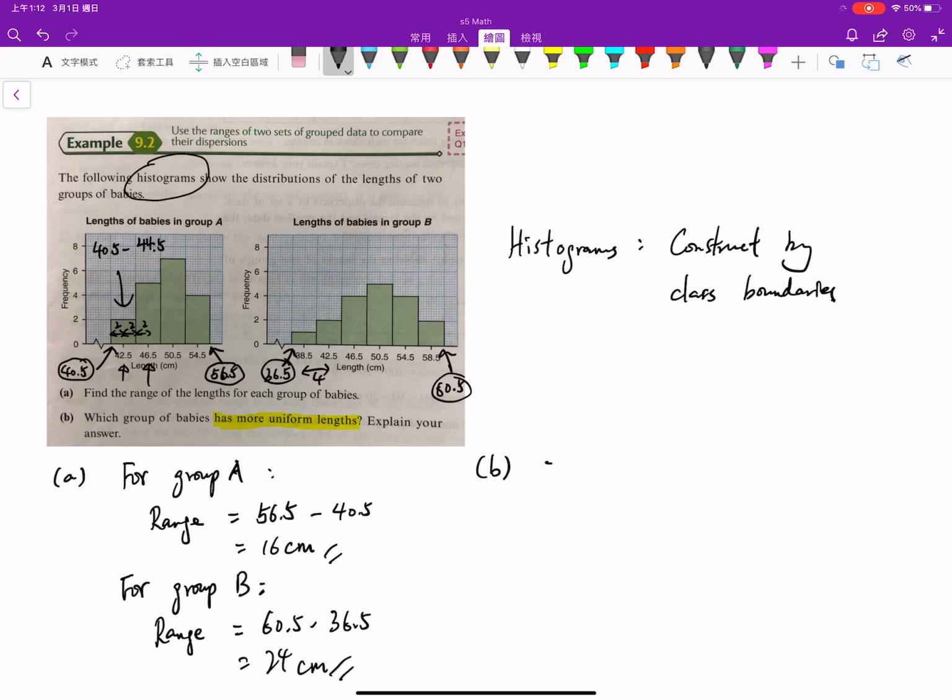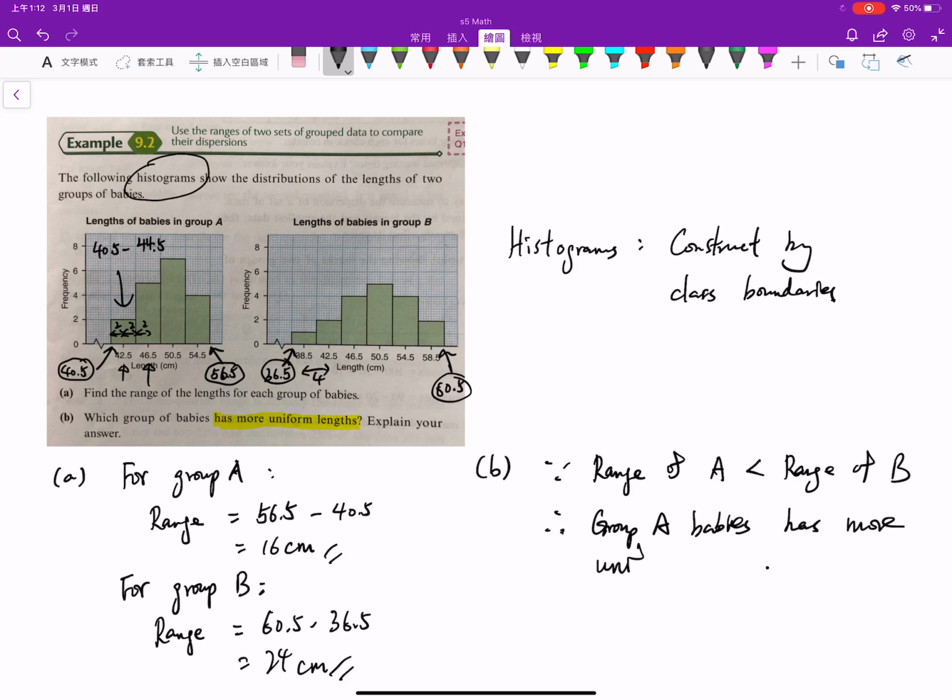So you just answer in the same way, because the range of A is smaller than the range of B. So it means A is less dispersed, so A is more uniform. So group A babies have more uniform lengths.